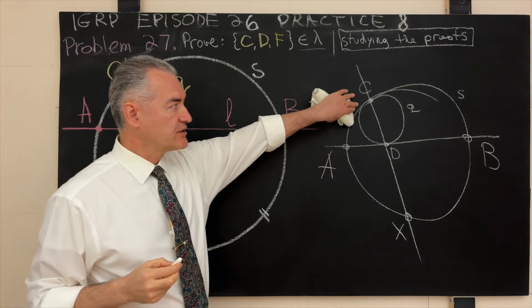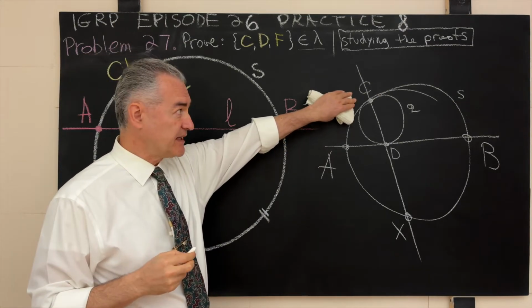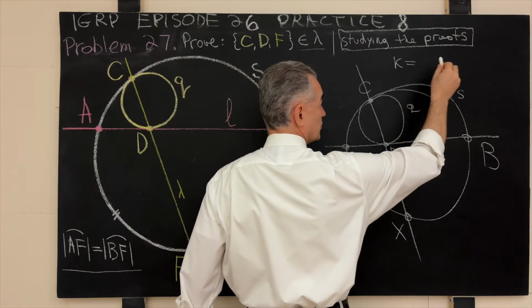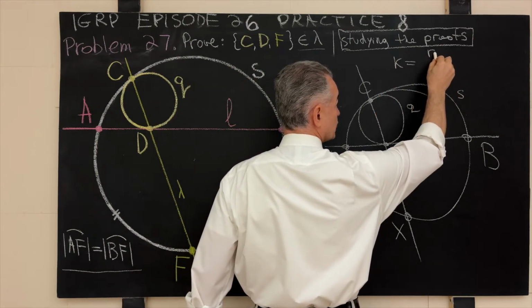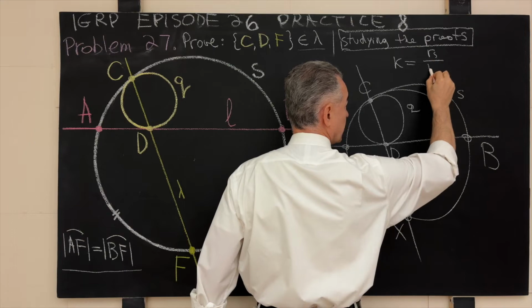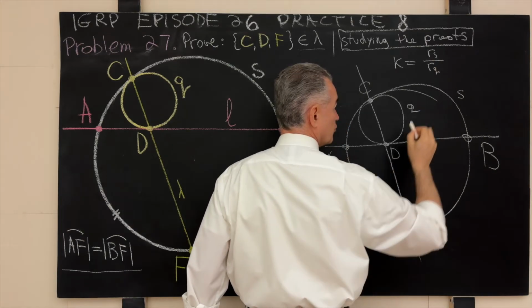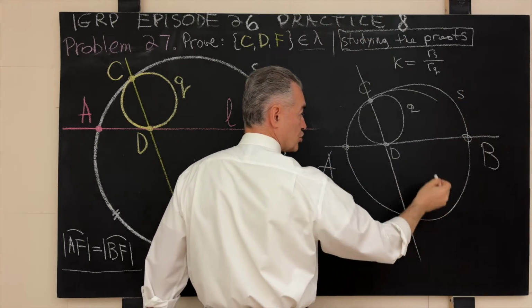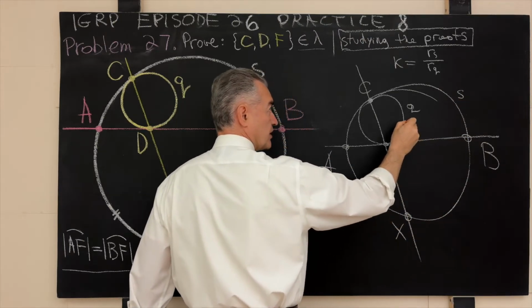That means that if we consider the homotopy of the parent plane centered at the point C with the coefficient K that is equal to, let's say, the radius of the circle S divided by the radius of the circle Q. Here, the radius of the circle S as a real number is strictly larger than the radius of the circle Q as another real number.